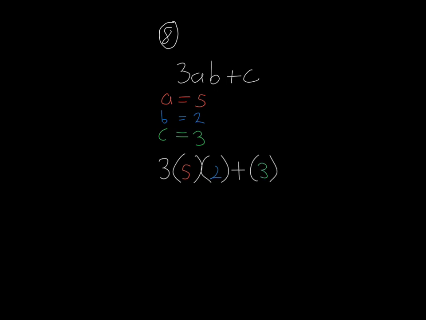So now we have something easy that we can work out ourselves, or if we're lazy, we can type into a calculator. So we have got 3 times 5 times 2 plus 3. And that equals 33. So our final answer for question 8 is 33.